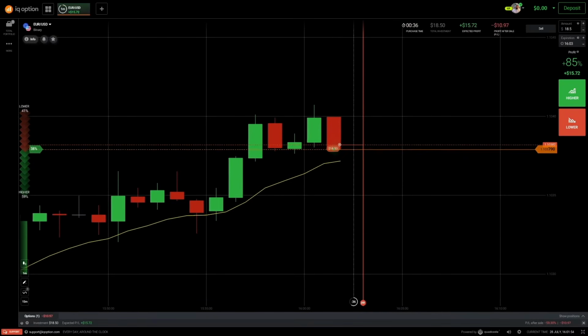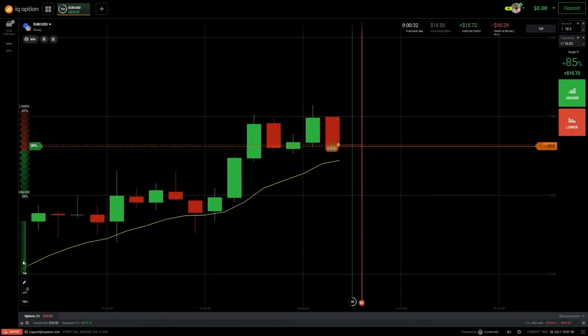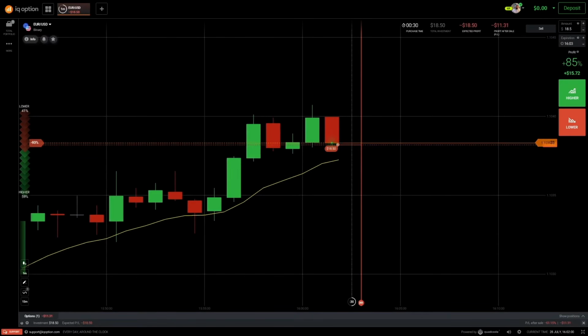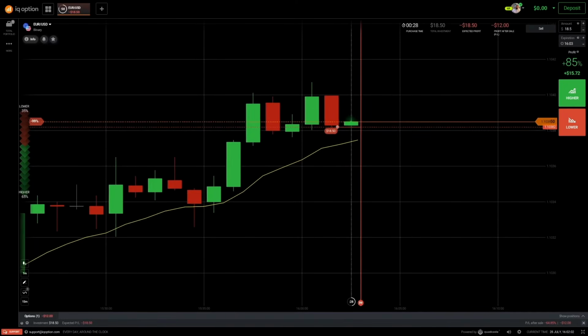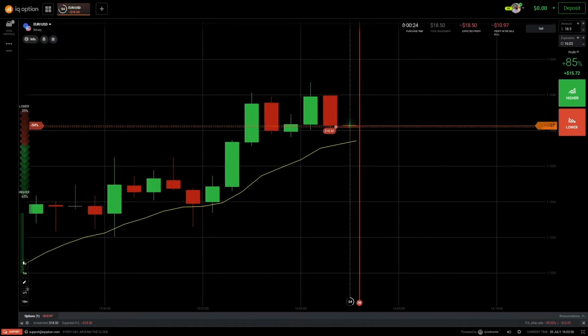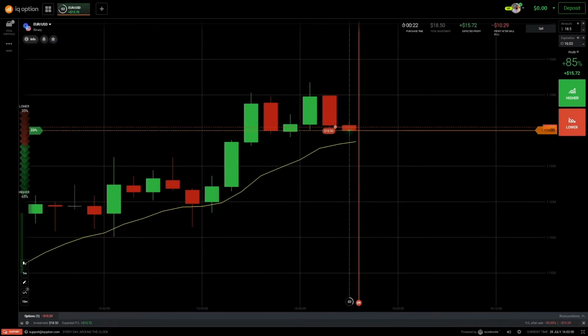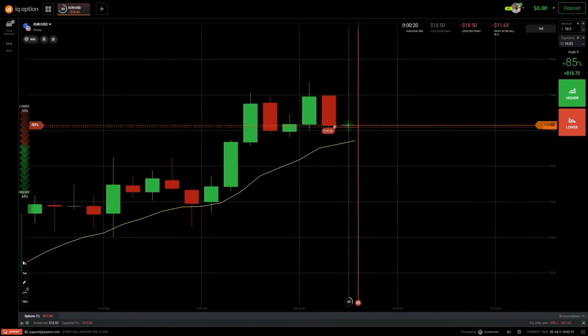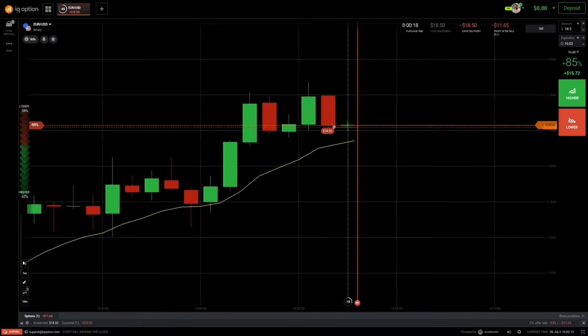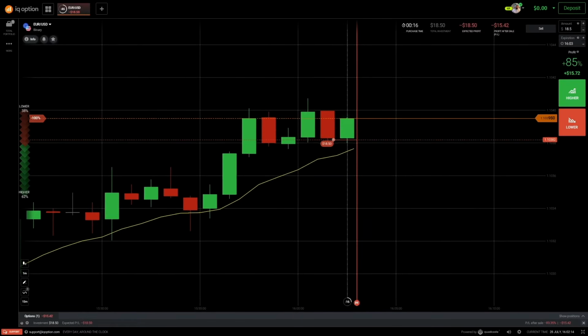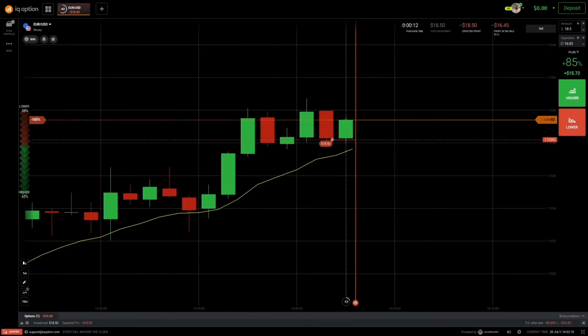But the previous one was a little bit confusing. So I needed the parabolic SAR to understand the direction. The parabolic SAR is necessary in my own strategy, the strategy that I teach on the course. You can't trade without the parabolic SAR.